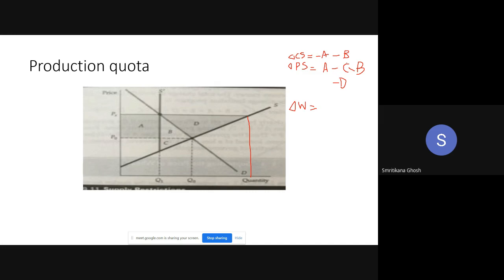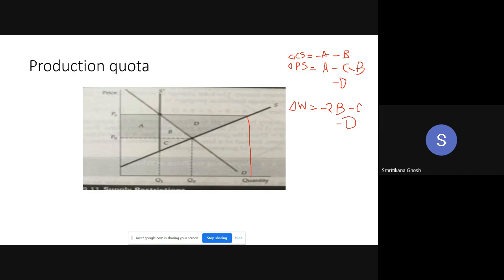But what about B, C, and D? So what will be the net welfare loss? 2B. One B is given by the consumer, another B is given by the producer. Then C, and then D. So look at the amount of loss through the production quota. Significant loss is there.